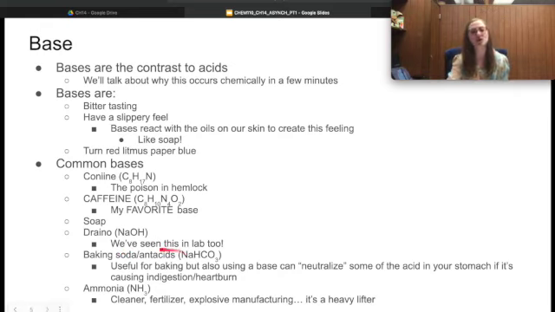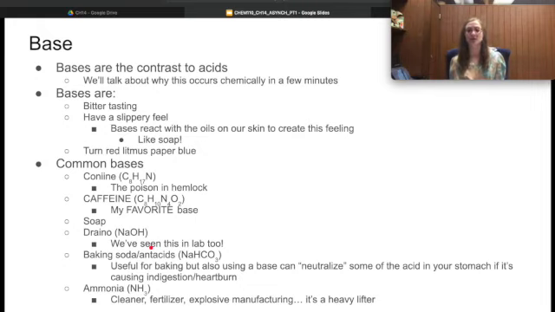But we also use sodium bicarbonate as an antacid as well. If you're having acid reflux, you're getting that sour taste up in your mouth because you have just a little bit too much acid in your stomach, you can take a base to do some kind of neutralization.